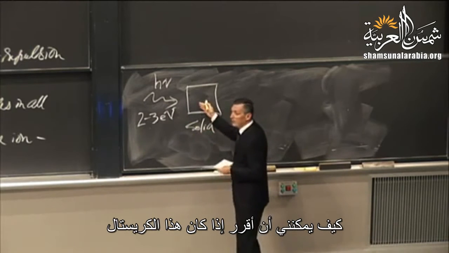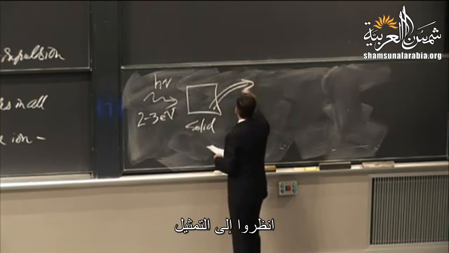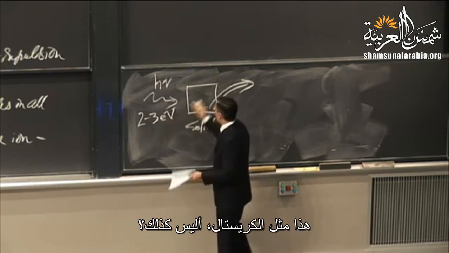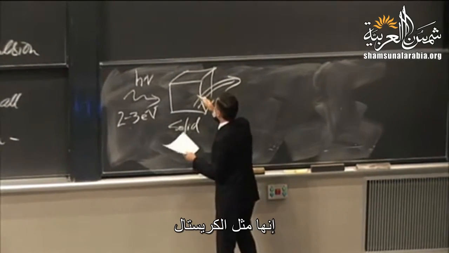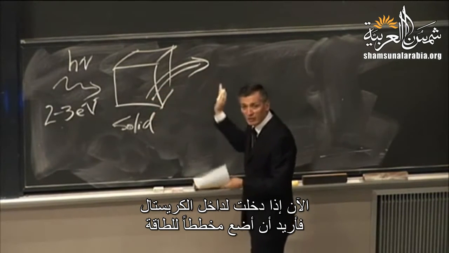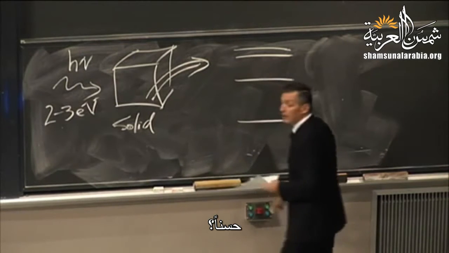And what happens when I want to decide whether this is transparent to visible light? Now, look at the modeling here. Photon is a squiggle. I don't know if that's Cartesian space. This is like a crystal, right? I'm speaking Californian. It's like a crystal. So now, if I go inside, I want to make the energy diagram. So what's the energy diagram look like? All right?